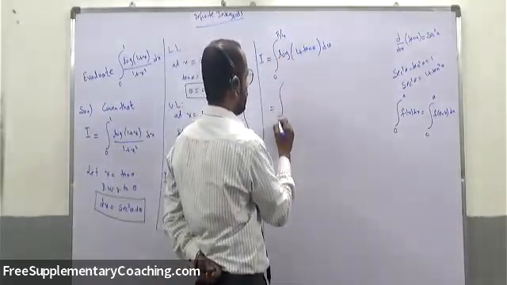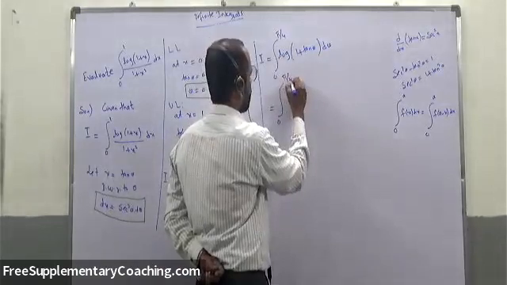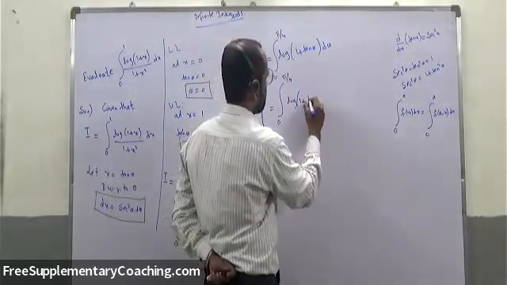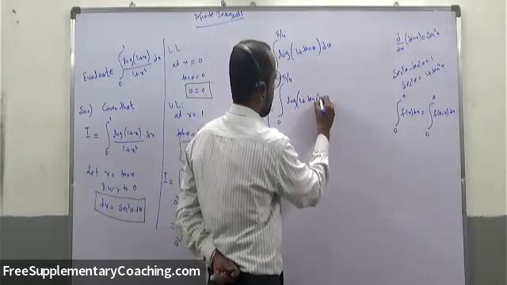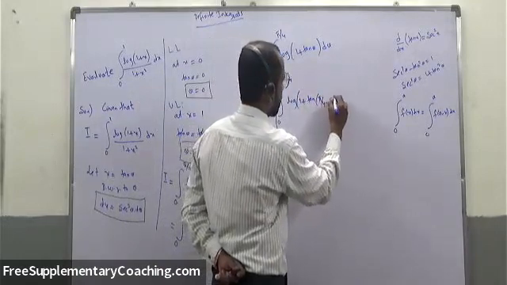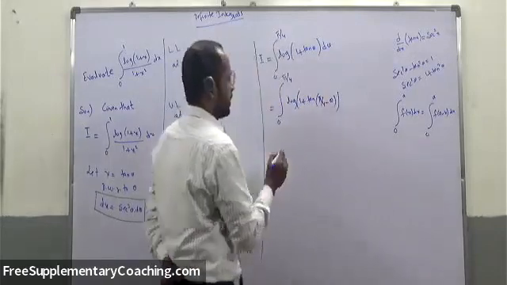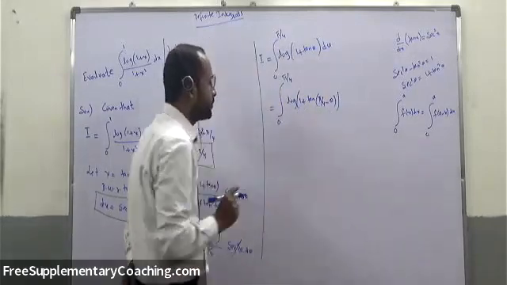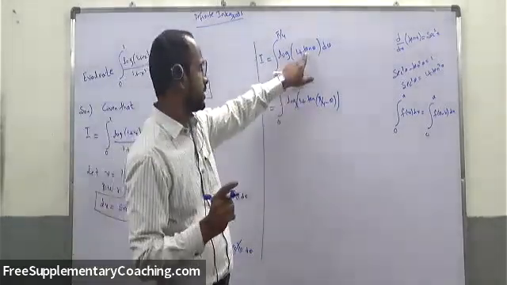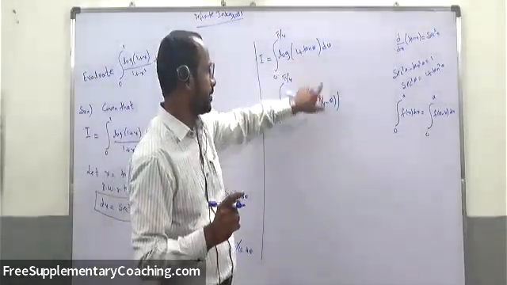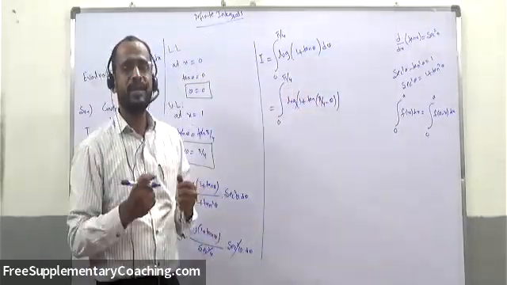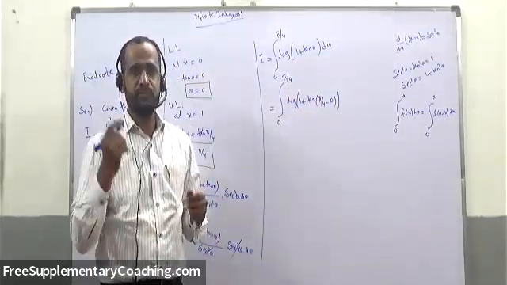So integration of 0 to pi by 4 log 1 plus tan theta, I can write pi by 4 minus theta. See the bracket carefully how I am using. I have changed f of x as f of a minus x. This is a. Now we know that tan pi by 4, that is 45 degrees, is 1.